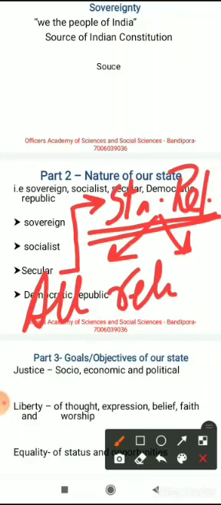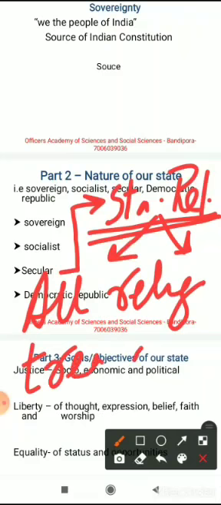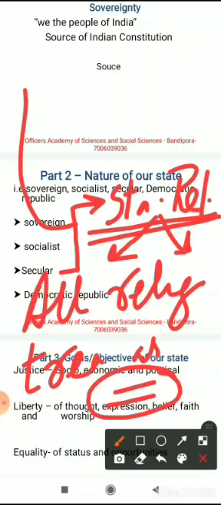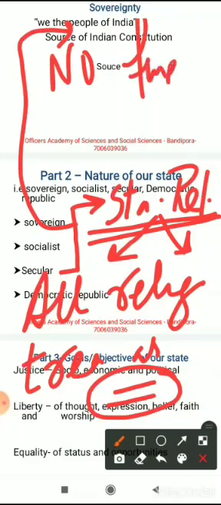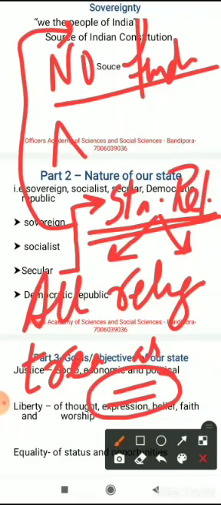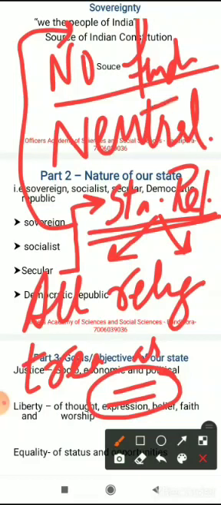All religions are treated as equal. Our state doesn't fund any particular religion. The country as a whole is neutral towards any particular religion.